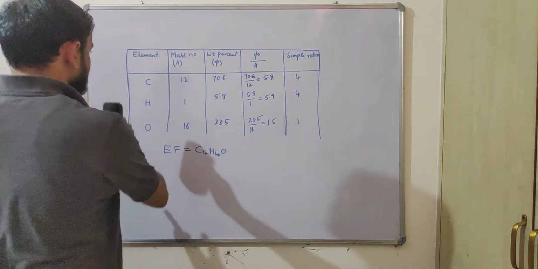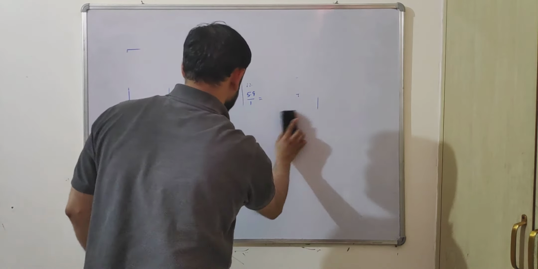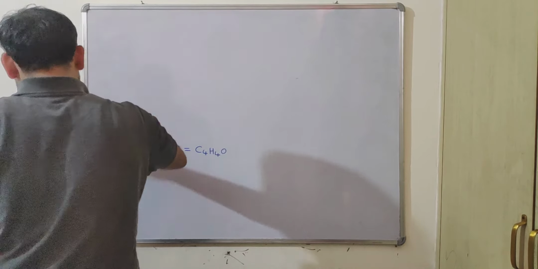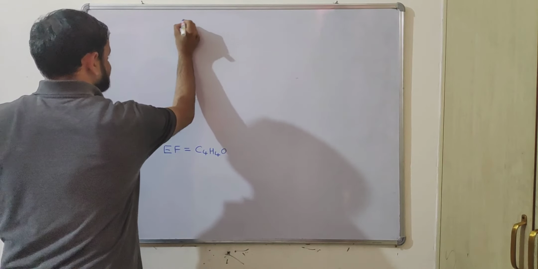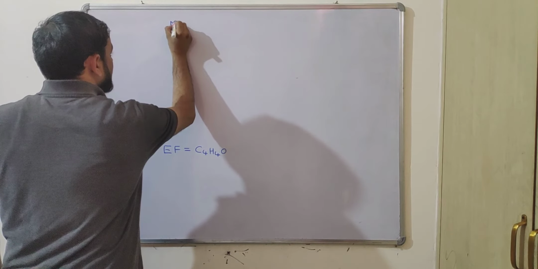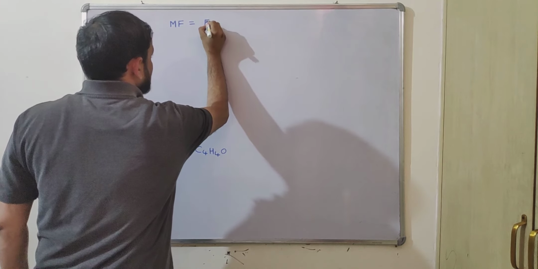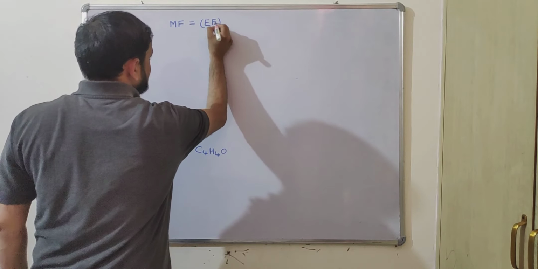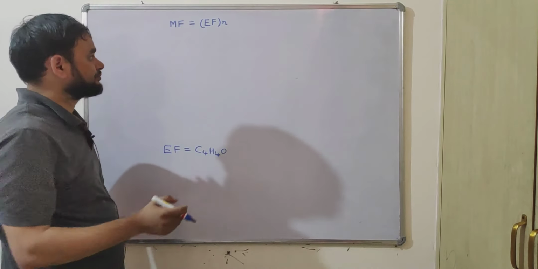Now we will find the molecular formula of the compound. The molecular formula of the compound is related to the empirical formula, like as MF molecular formula is equal to empirical formula multiplied by N, where N is an integer.